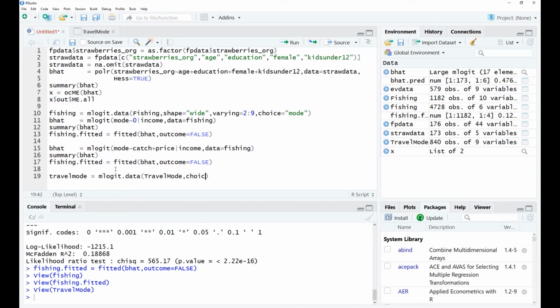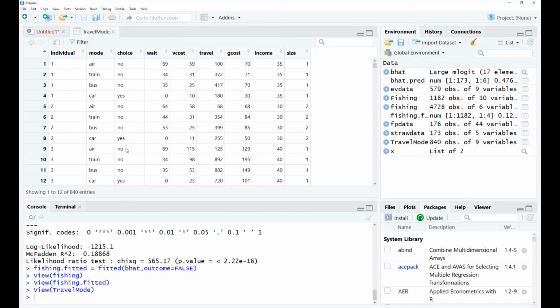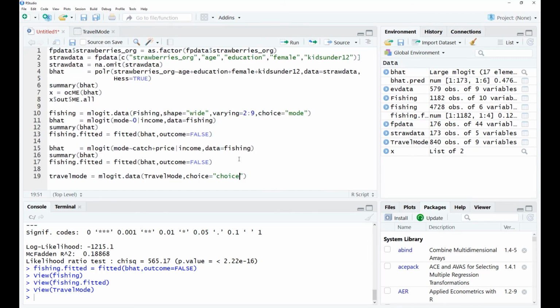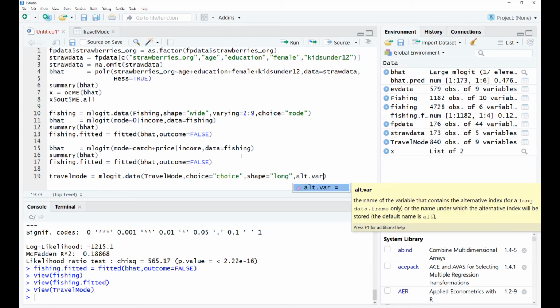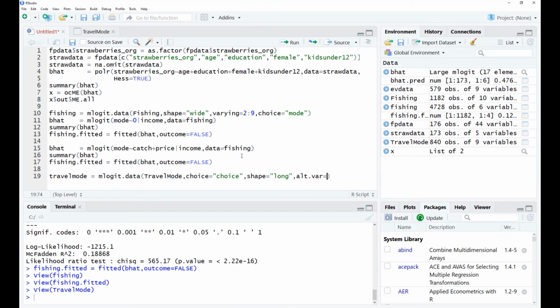Choice is equal to column choice. The shape in this case is long. And the alternatives are in the column mode.